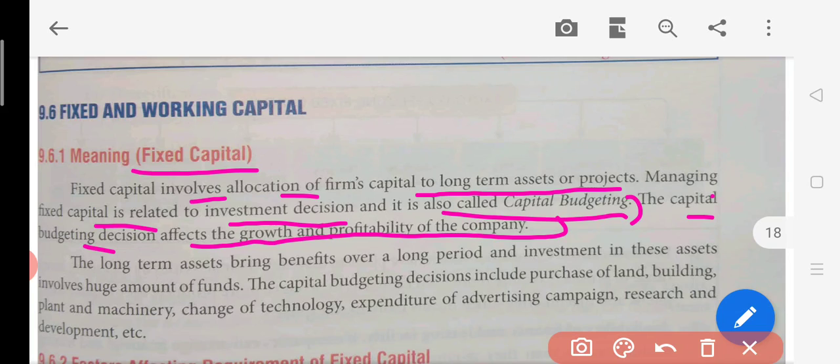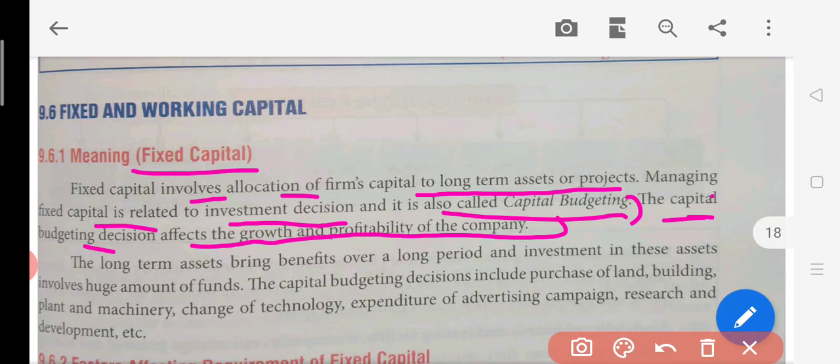On the other hand, the other machinery will take around 10 years to recover your 10 crore rupees. So definitely you are going to invest in machinery A. In capital budgeting, we assess the cash flows, and whichever is the profitable project for us, we invest our money into that project.